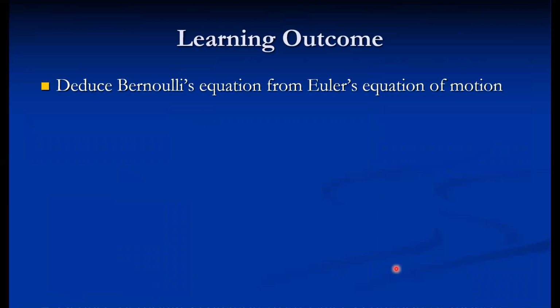At the end of this session, you should be able to deduce Bernoulli's equation from Euler's equation of motion, because Bernoulli's equation can be derived from the first principle, that is the law of conservation of energy. It changes energy from one form into another, but only three types of energy are considered: pressure energy, kinetic energy, and potential energy.